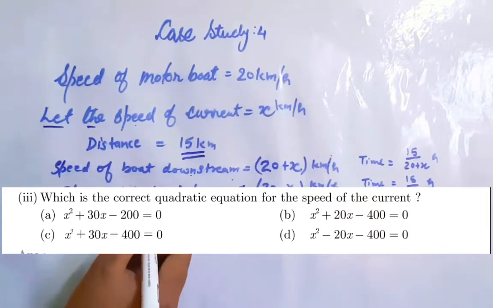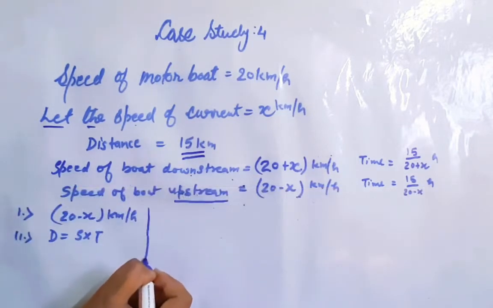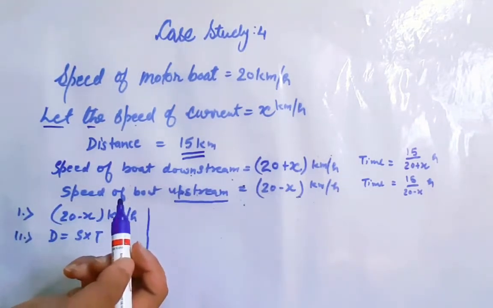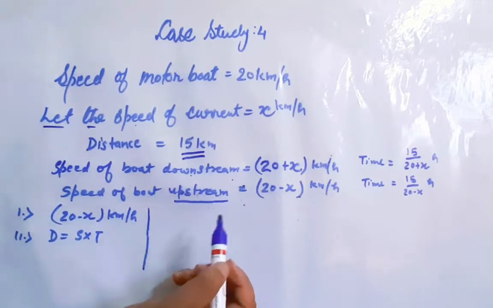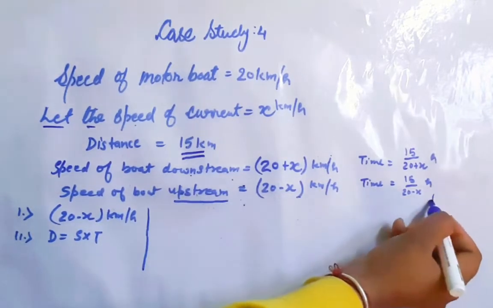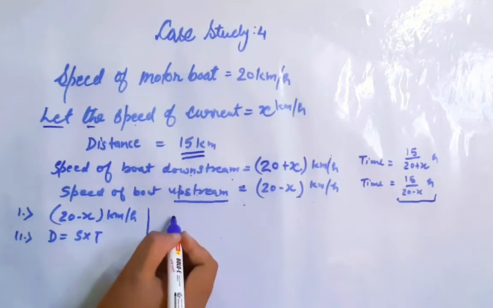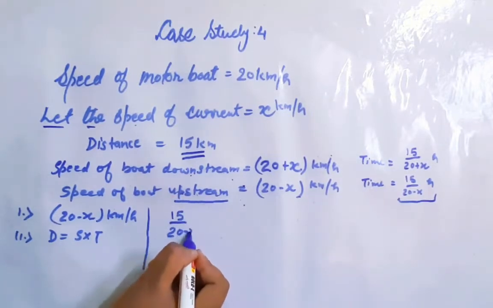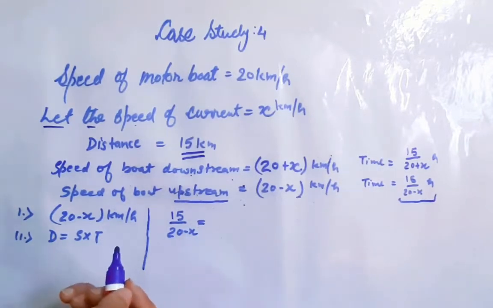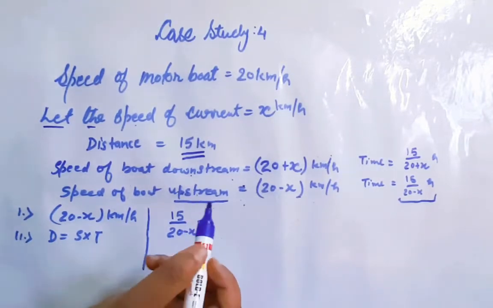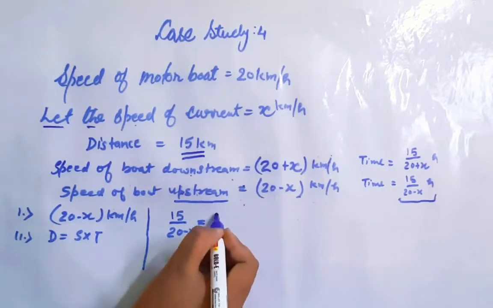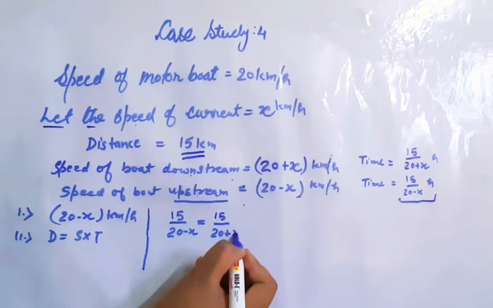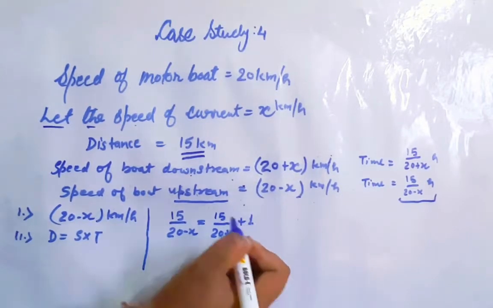Now see, we have to frame a quadratic equation. We have to see the relation. It says that the time taken upstream, that is 15 upon 20 minus x, will be equal to the time taken downstream, that is 15 upon 20 plus x, plus 1 hour more.